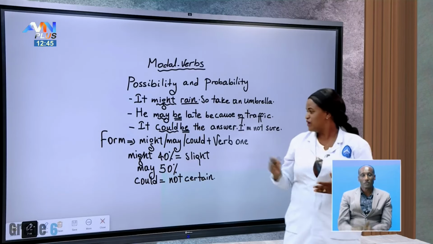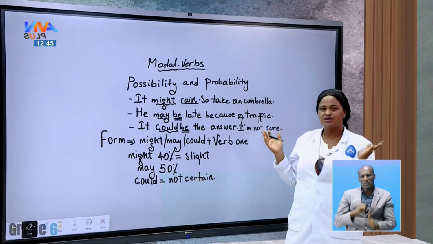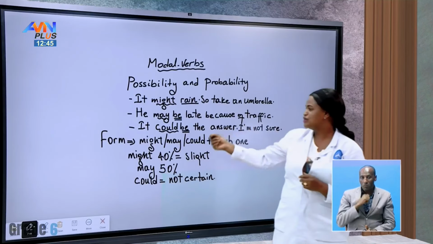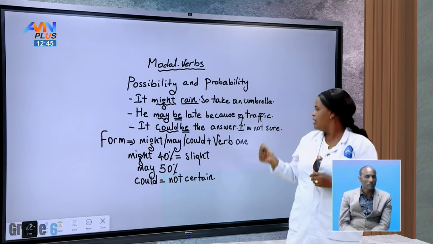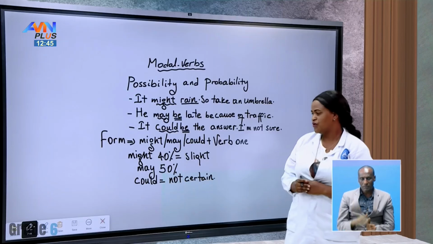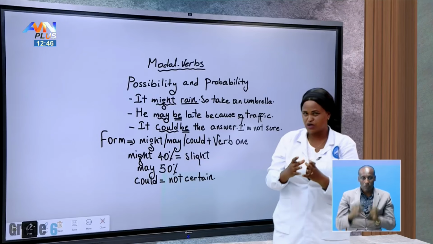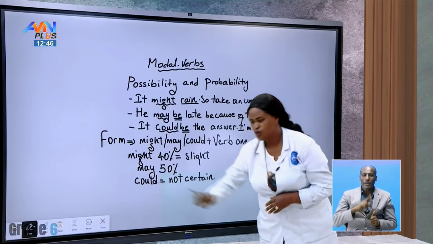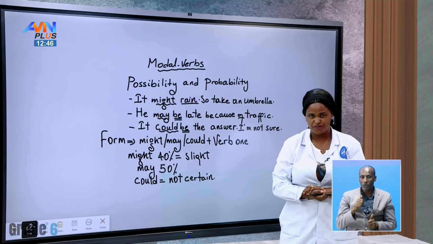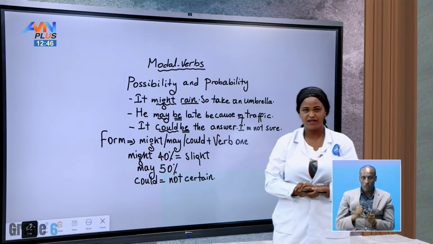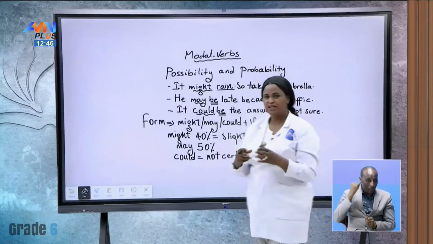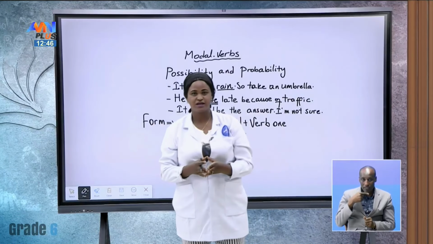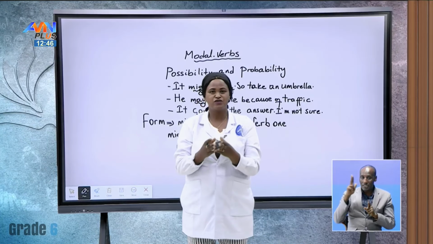So, what do we say? I am not sure. You see, at the end of the sentence, he adds, I am not sure. So, for a possibility which we are not certain or sure, which one do we use? We use could. Did you get my idea? Now, can you tell the difference between these three? Which ones have we seen today?